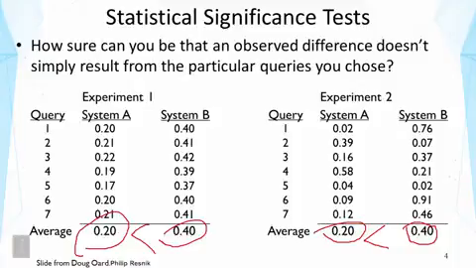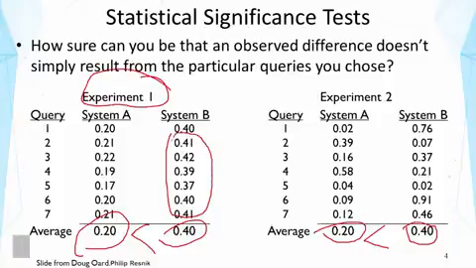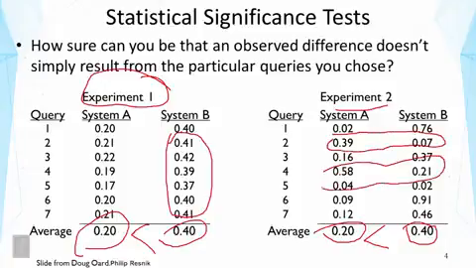But if you look at these two experiments and look at the detailed results, you will see that we'll be more confident to say that in experiment 1, because these numbers seem to be consistently better for system B. Whereas in experiment 2, we're not sure, because looking at some results like this, actually system A is better, and this is another case where system A is better. But yet, if we look at only the average, system B is better.